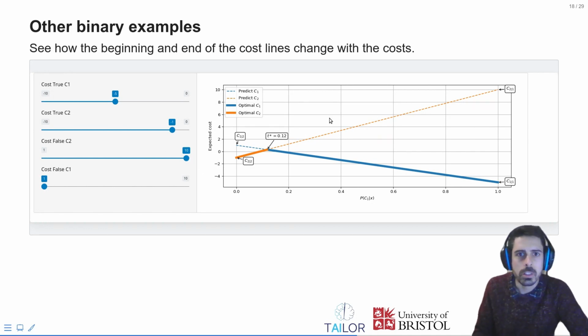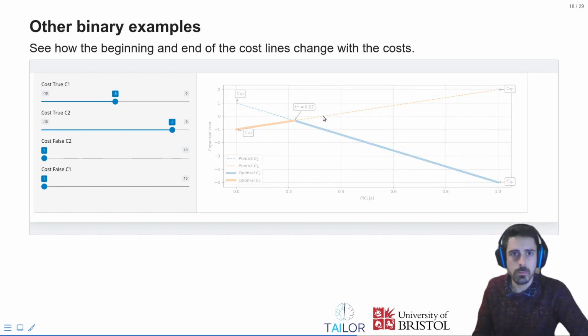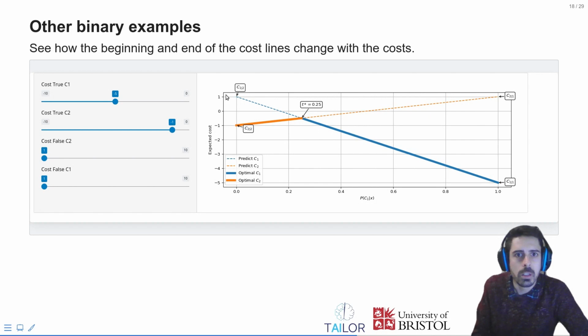Then we can play around with these values, and let's put the cost of predicting class 2 given that it's class 1, let's lower it down and make it very low, like 1. What we will see now is that this has moved to 1, and the threshold has moved accordingly.